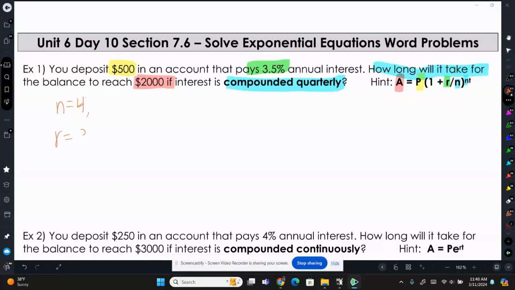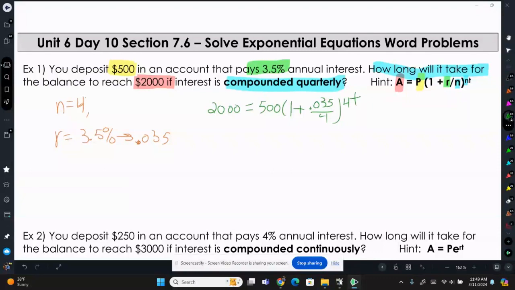R is equal to 3.5%, which is 0.035. So now I can substitute those values in. So 2,000 is equal to 500 times 1 plus 0.035 over 4 raised to the 4t power.